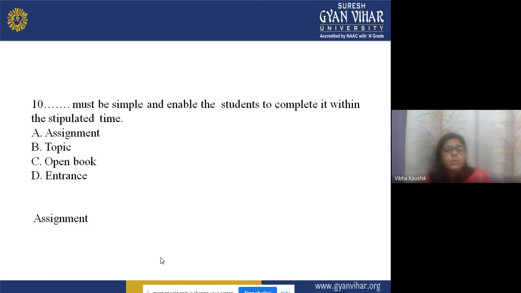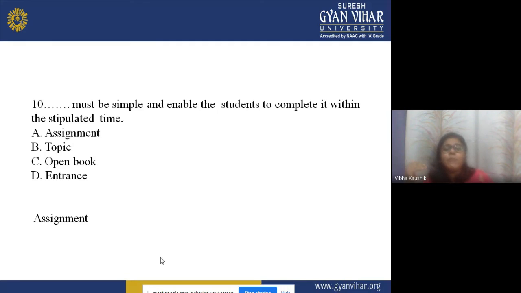Now, the options are A assignment, B topic, C open book, or D entrance. Now, students, what will be the correct answer? You have to choose the correct answer from the given choices, and the correct answer is option A, that is assignment. Means assignment should be simple.